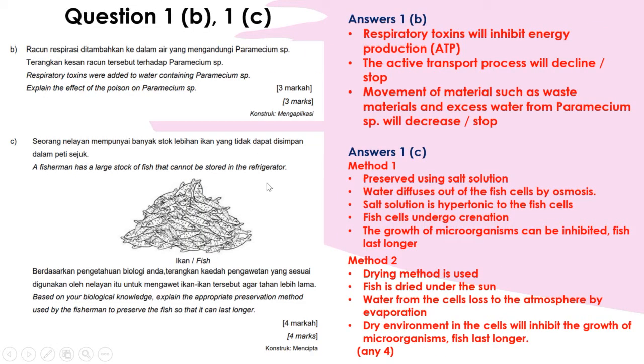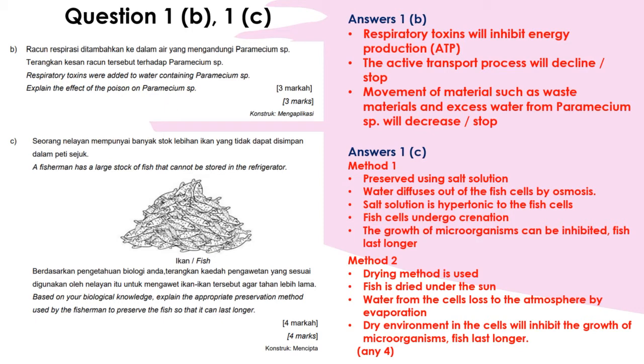Now let's go to question 1B and 1C. Respiratory toxins were added to water containing paramecium species. So explain the effect of the poison on the paramecium species. So what is the key word here?